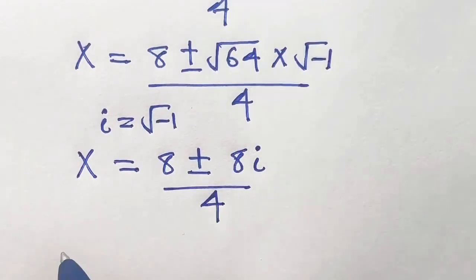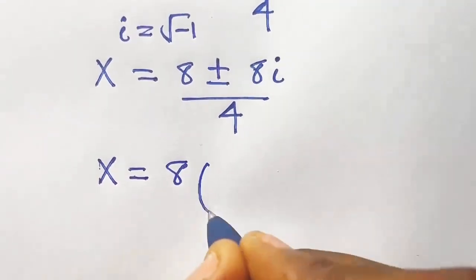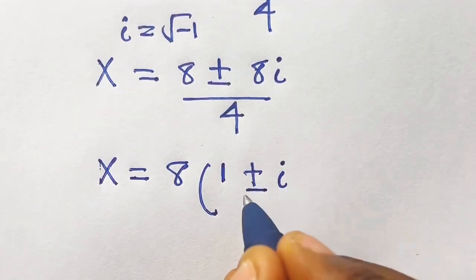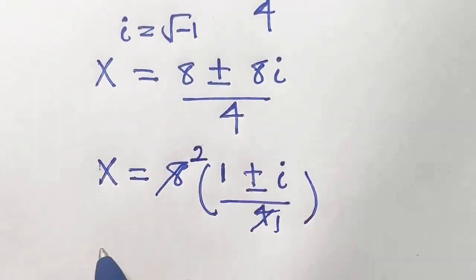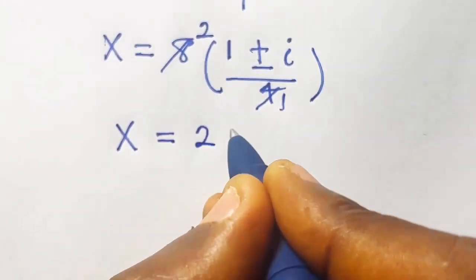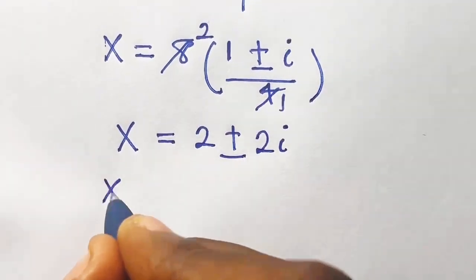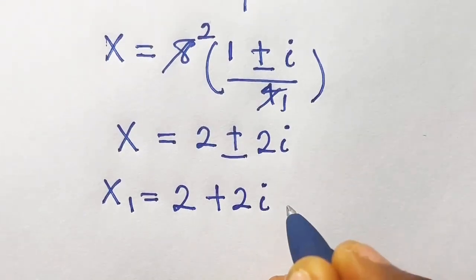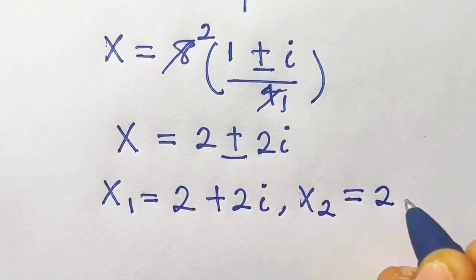We have a common factor here, which is 8, so let's factorize it out: 8(1 ± i) divided by 4. 4 into 8 gives 2, so we have x = 2 ± 2i. Therefore, we have our x1 equals 2 + 2i, then our x2 equals 2 − 2i.